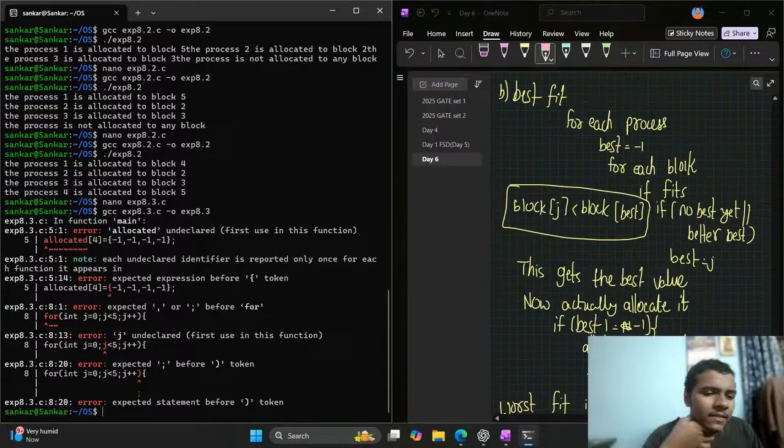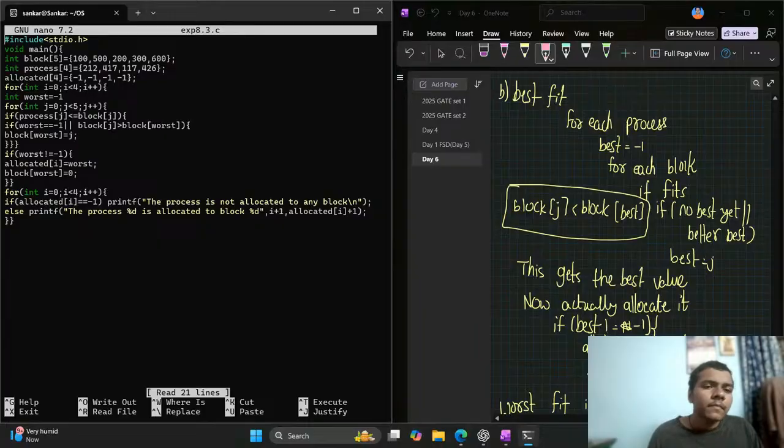We are missing a semicolon, maybe in the previous line. I don't know. It is int allocated.